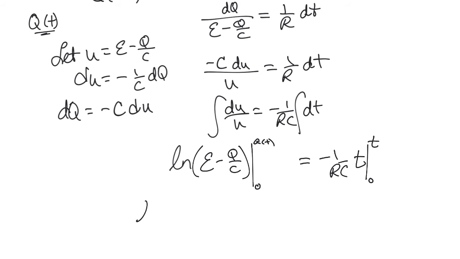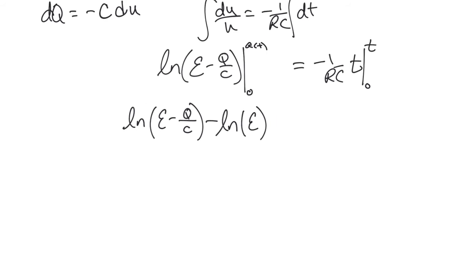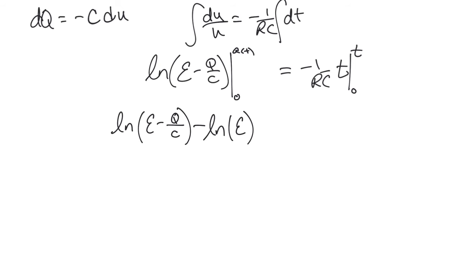Groovy. So I have log of the EMF minus q over c minus log of just the EMF, right? Because the q is 0 for my bottom limit. And then this is just going to be negative t over rc.